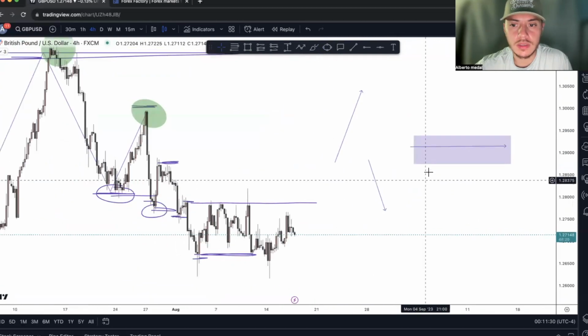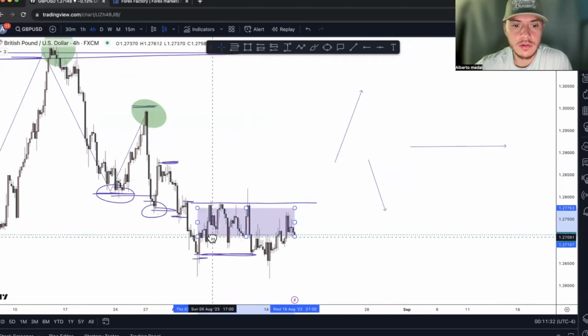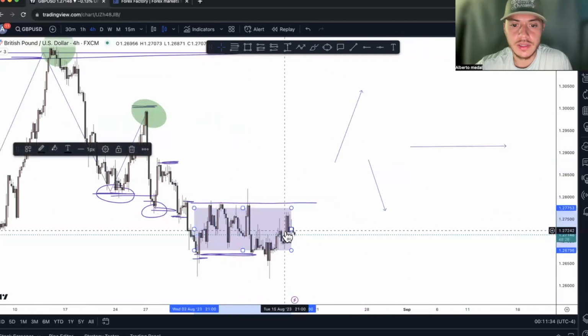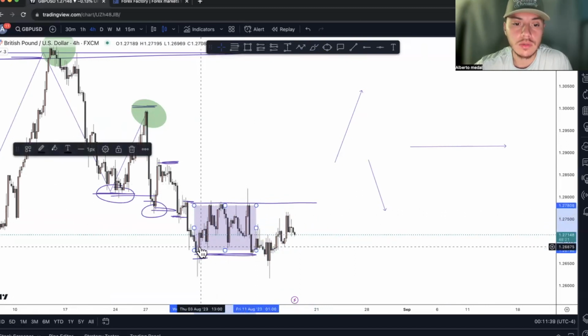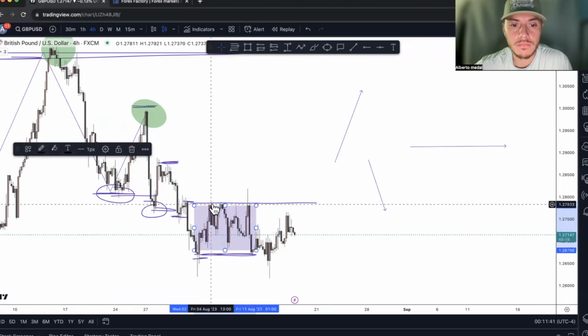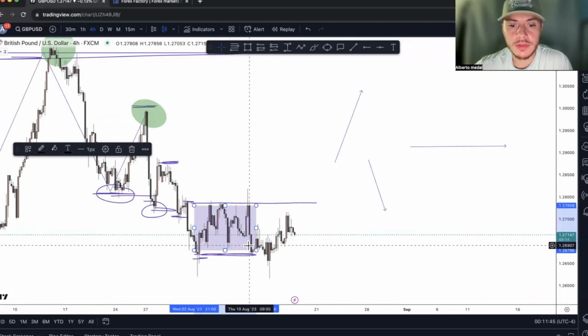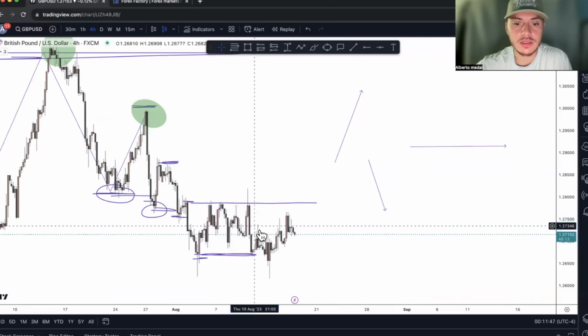And that's what we can see was happening here. For a while, it was just consolidating, meaning there weren't any new higher highs or new lower lows. It was just hitting resistance, coming back down, making its way back up, and then coming back down until we broke out of that consolidation.